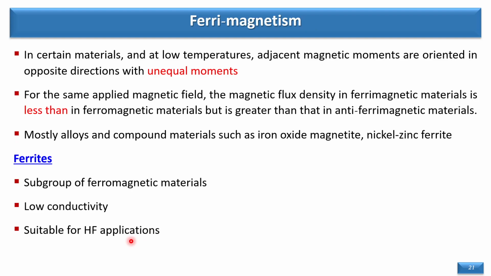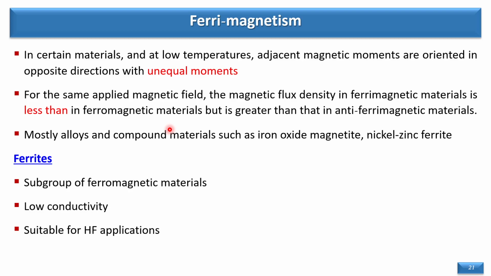Another category is ferrimagnetic material. It's very similar, some sort of between ferromagnetic and antiferromagnetic. It does have oppositely oriented dipoles, but one of them is stronger than the other, so there will be an effect.